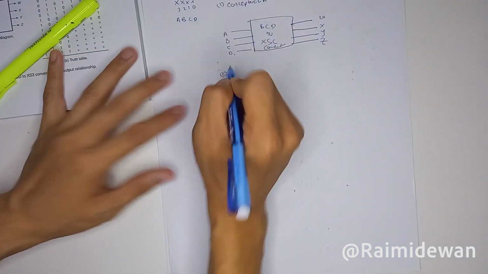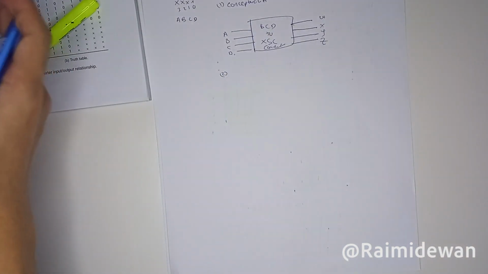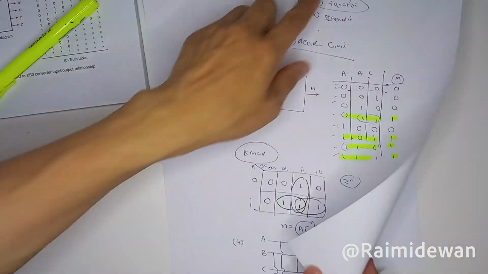Okay, the second step, what is the second step? The truth table.